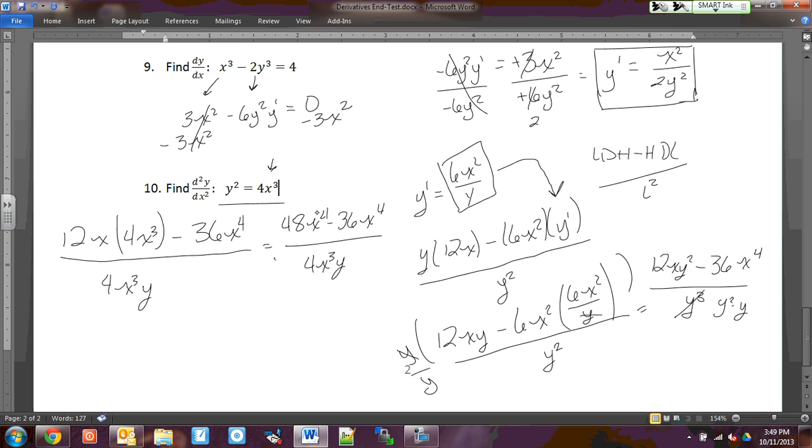Now 48 minus 36, because they're both x to the fourth, is 12x to the fourth over 4x cubed y. Well, the x cubed will cancel out with the x to the fourth and leave an x. The 4 and the 12 will cancel: this will be a 3 and this will be a 1. So our entire answer, we started at y squared equals 4x cubed, and when we're done, we're ending up with 3x over y.